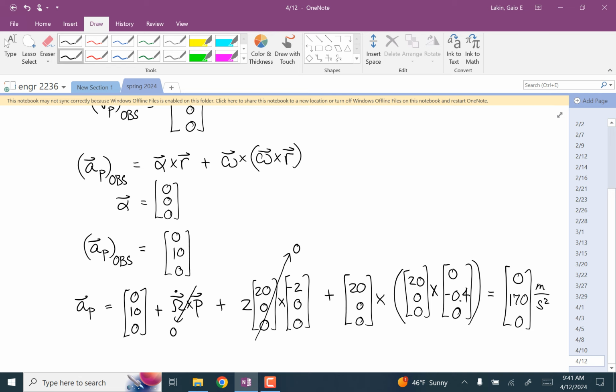Okay? Any questions about that? Yeah. I'm just doing mental math. Yeah. So I'm a bit confused. So it's 20 times negative 0.4, which would be -8, correct?